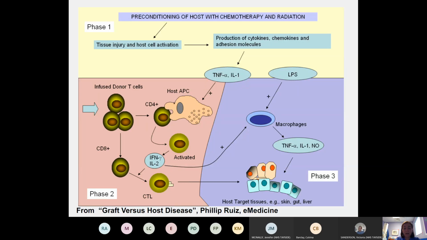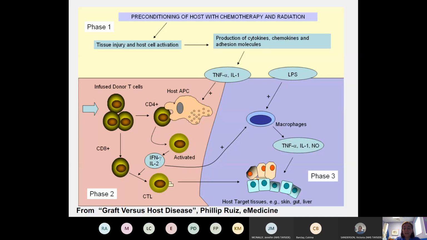And when they become activated, they can themselves produce further chemokines and cytokines in the form of interferon gamma and IL-2, and that will cause our infused donor CD8 cells to become cytotoxic T lymphocytes. Those cytotoxic T lymphocytes will express MHC with antigen on the surface, and they will target host tissues.